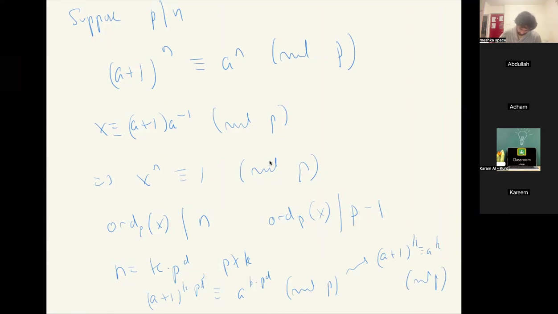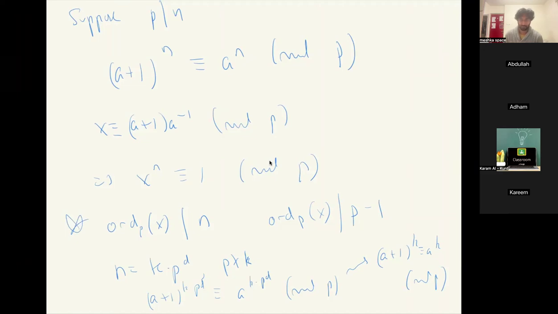And that is better information. So we have the order of x divides k. Actually, we knew that from this statement, because the order divides n.